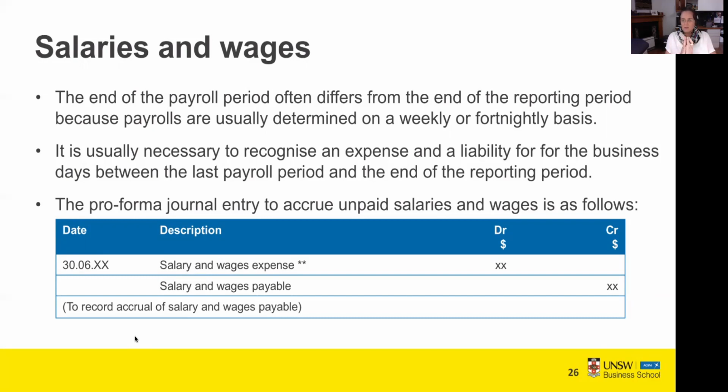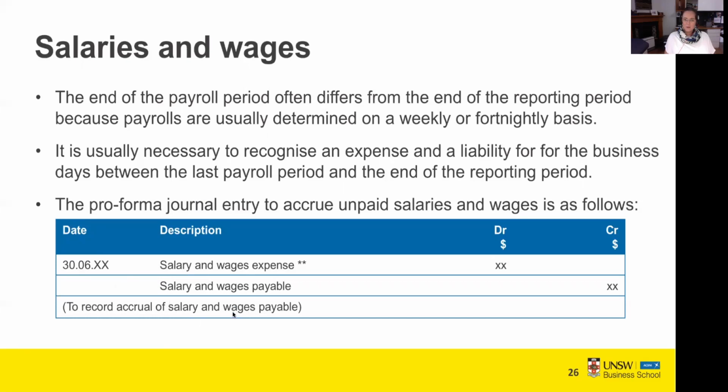Some companies prepare their financial reports on a monthly basis, some maybe on a half yearly or annual basis. But if I think about an annual year end of 30th of June, it is unlikely that the employees would have been paid on that day. There will be some part of accrual that has to be made for unpaid wages for a couple of days, for example.